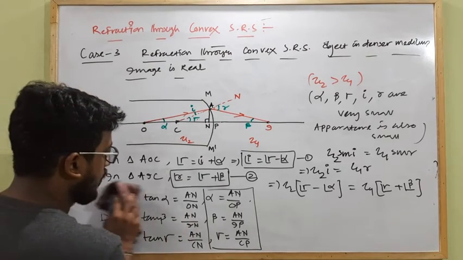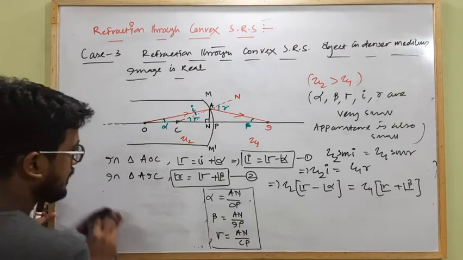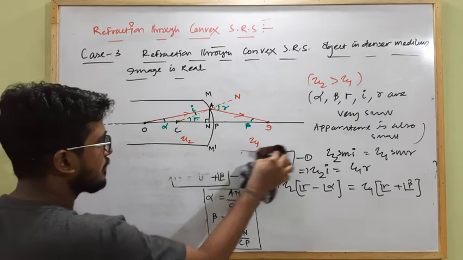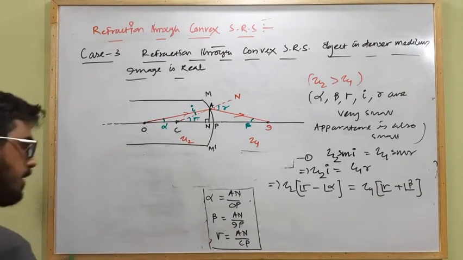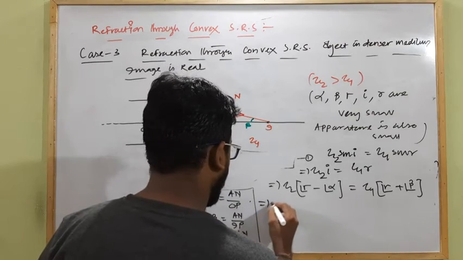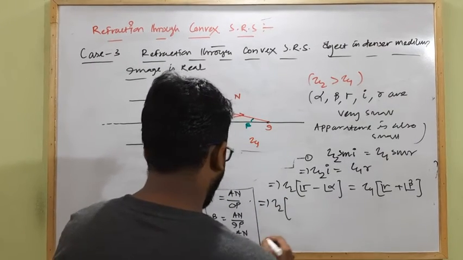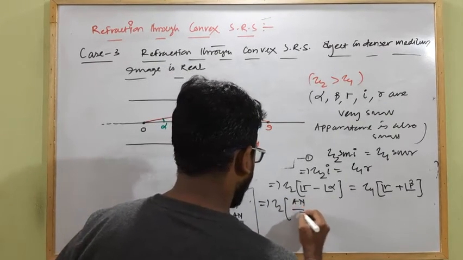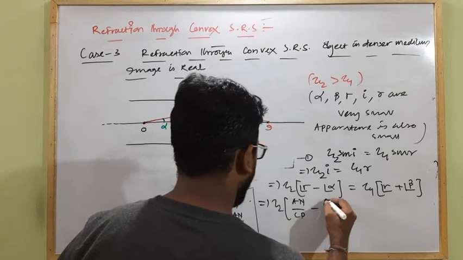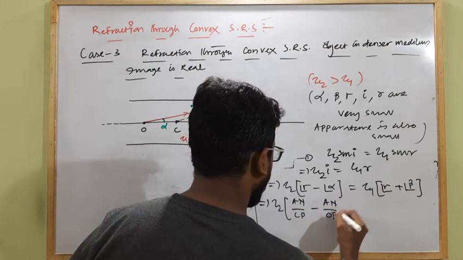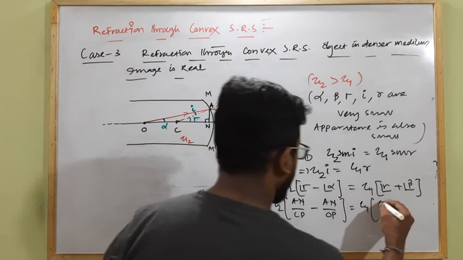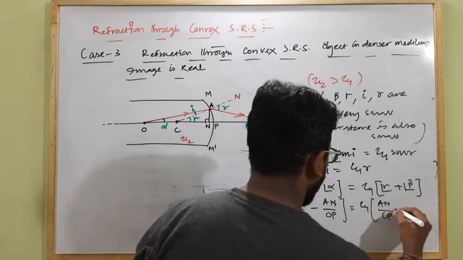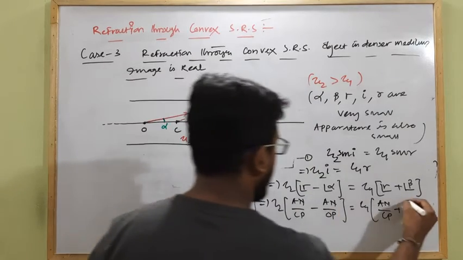So what is the value of alpha, beta and gamma? Here alpha equal to AN by OP, so this implies I can write mu2 into gamma equal to AN by CP minus alpha equal to AN by OP, equal to mu1 into gamma equal to AN by CP plus beta equal to AN by IP.